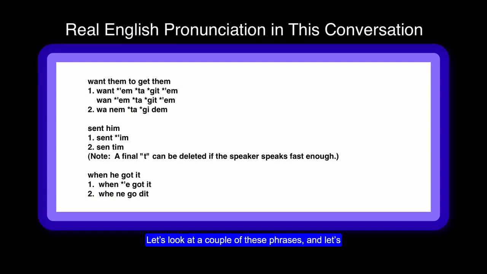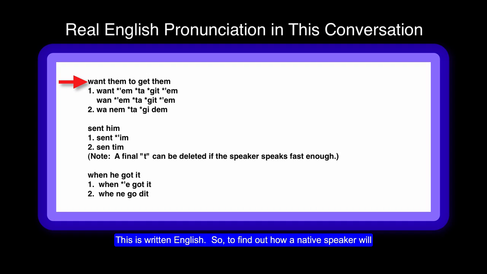Let's look at a couple of these phrases and figure out how a native speaker will actually say them. Remember, we have 2 steps. The first step is to understand the reduced forms and find them. The second step is to apply any sentence blending rule that works in that sentence. So let's look at "want them to get them."